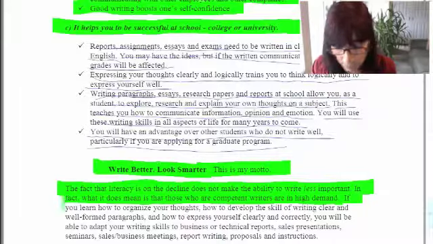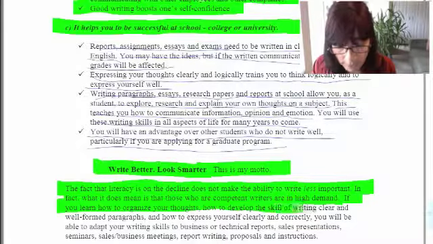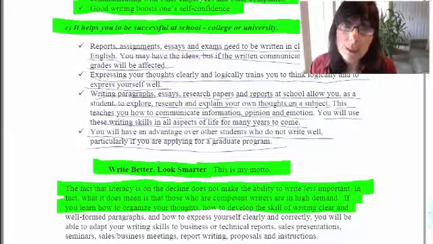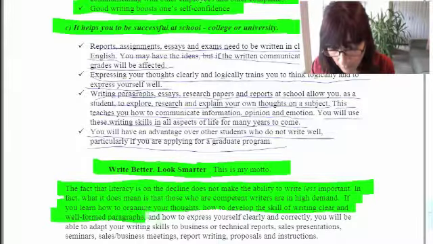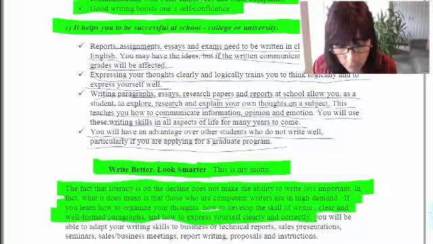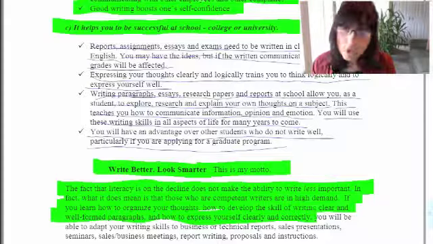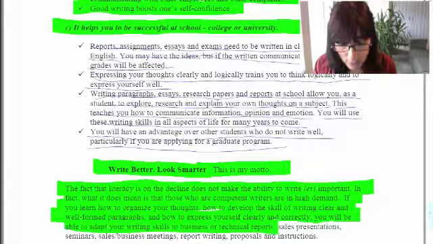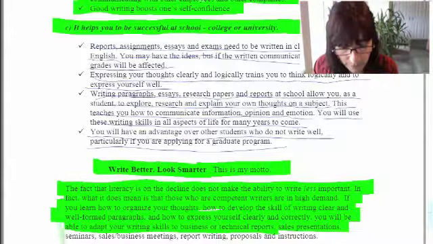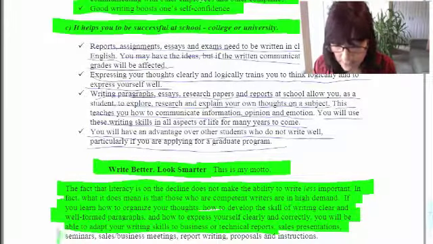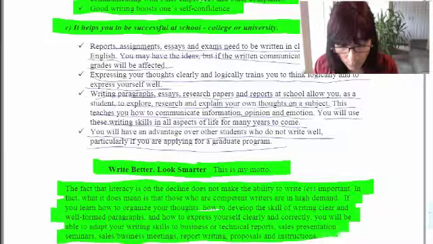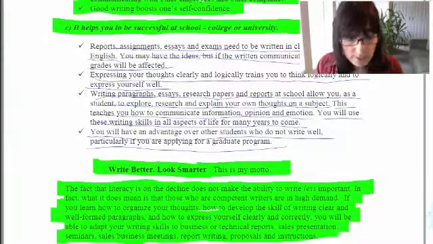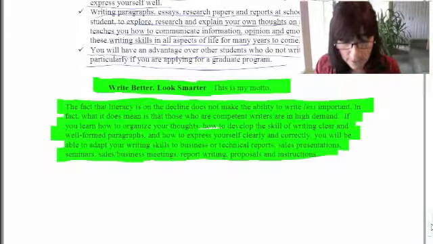So if you learn how to organize your thoughts, how to develop the skill of writing clear, well-formed paragraphs, and how to express yourself clearly and correctly, you will be able to adapt your writing skills to business or technical reports, to sales representations and presentations, seminars, sales and business meetings, report writing, proposals, as well as writing instructions.